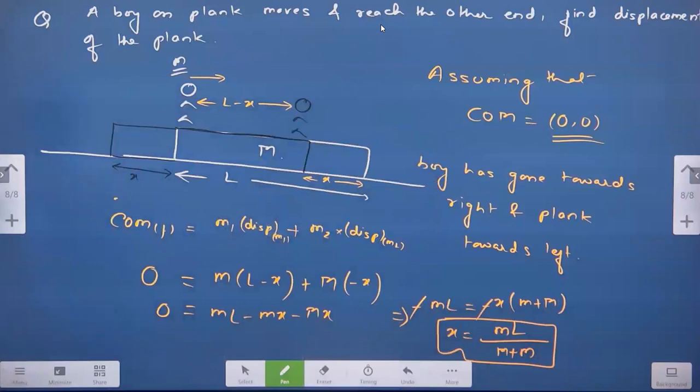Is this clear? Any doubts, students? Please ask. Students, any doubt is there?